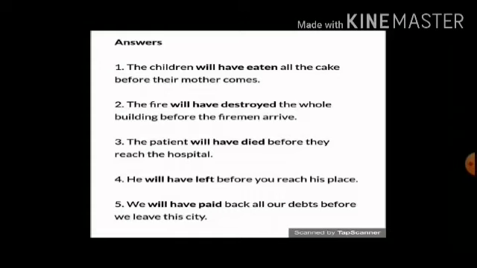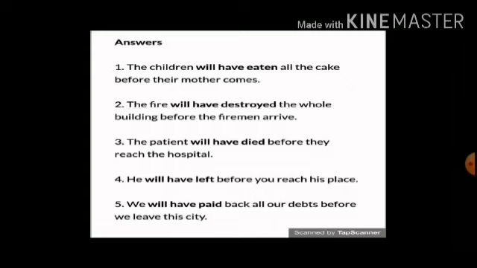The fire will not have destroyed the whole building before the firemen arrive. The patient will not have died before they reach the hospital. He will not have left before you reach his place. We will not have paid back all our debts before we leave the city.